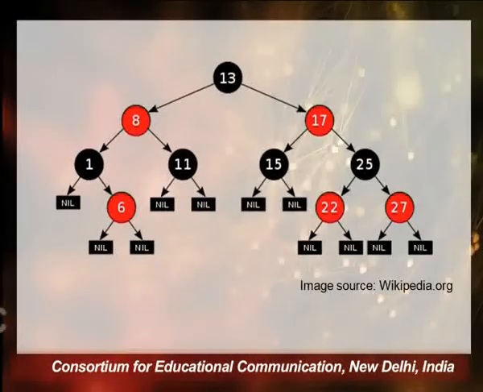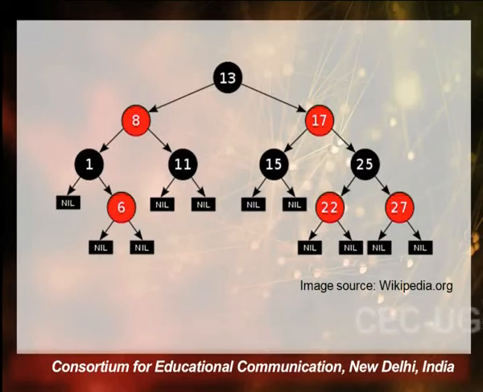According to the properties of a red black tree, the root node will be black, all the leaf nodes are black, and no two adjacent level nodes can have red color. The black height of the tree is the number of black nodes in the path starting from the root node to its descendant leaf, and this number is going to be the same for all the paths.